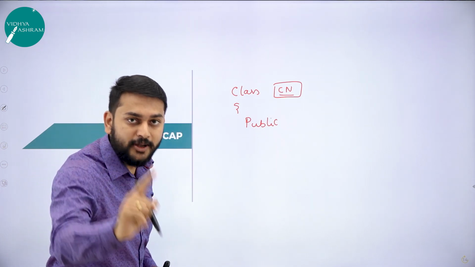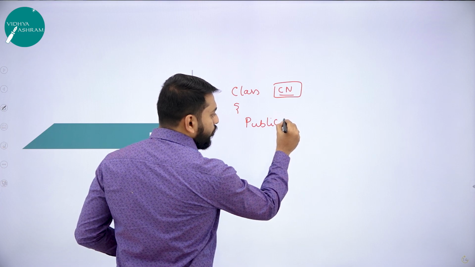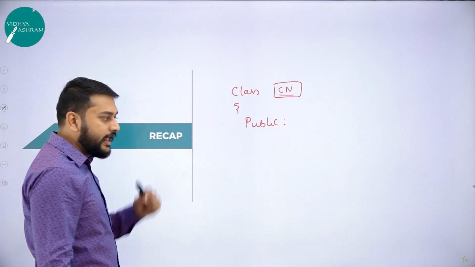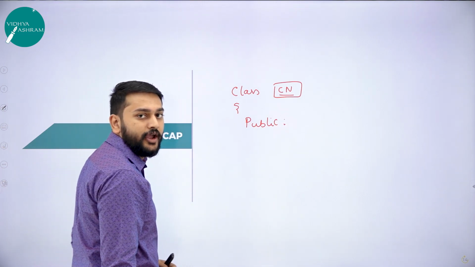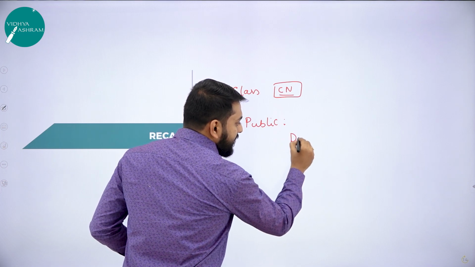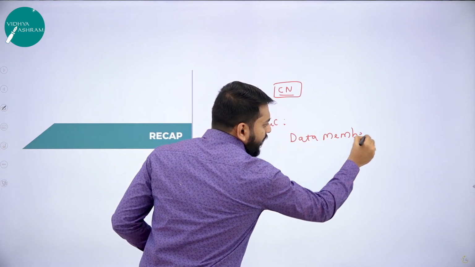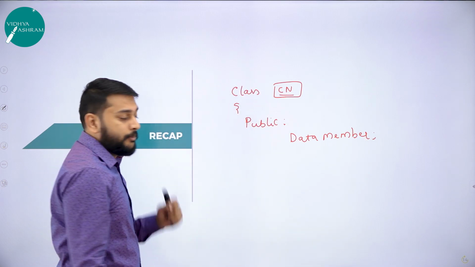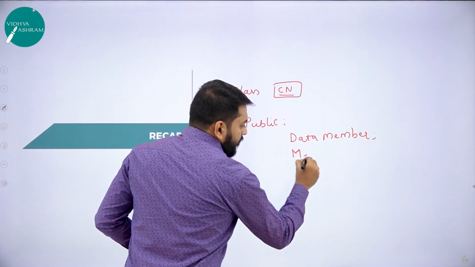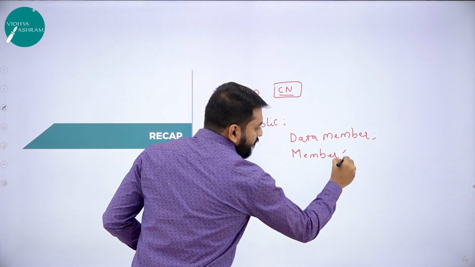After public, remember I have to write the colon. Then inside this public access specifier, I will be writing the data member. And then I will be writing the member function.